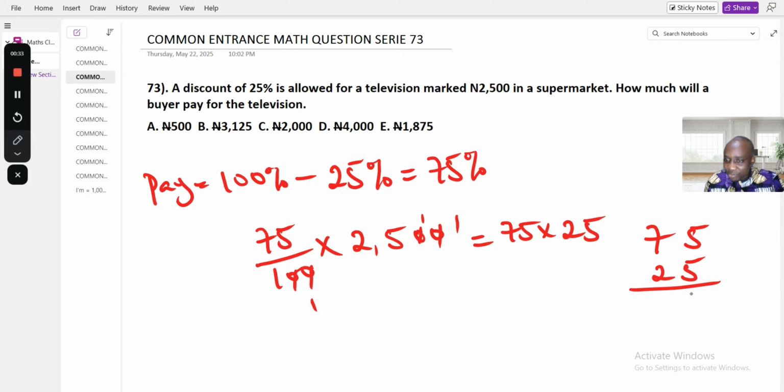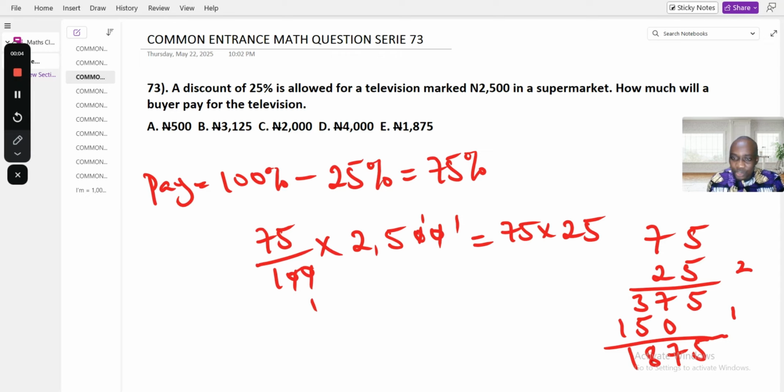5 times 5, 25. Write 5, remainder 2. 5 times 7, 35, plus 2, 37. 2 times 5, 10, remainder 1. 2 times 7, 14, plus 1, 15. 5 here plus 7 plus 0, 7. 3 plus 5, 8, 1.